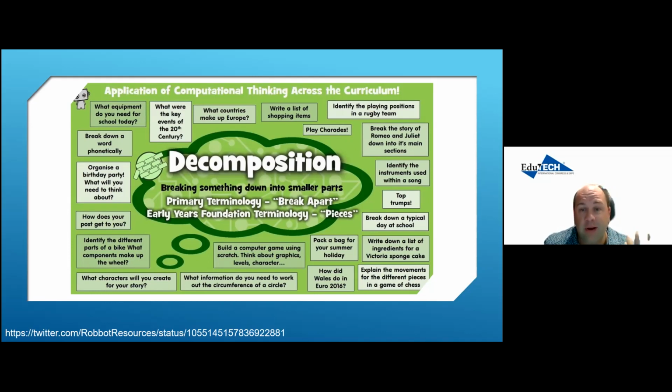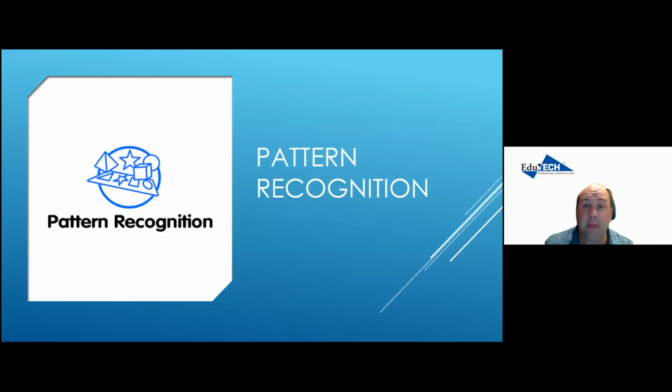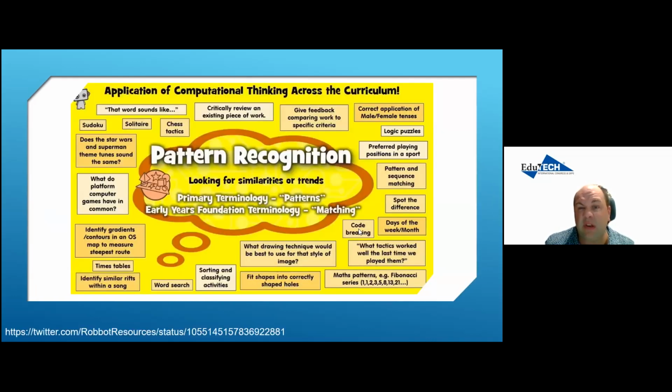After we've broken our problem into smaller parts, we come to pattern recognition, which is looking for similarities or trends. We look at patterns and matching right from an early age. We might be looking at even numbers, odd numbers, counting by 5s, counting by 10s, and all our multiplication facts look for similarities and trends.